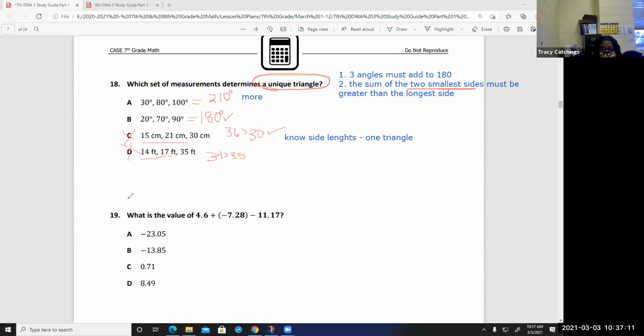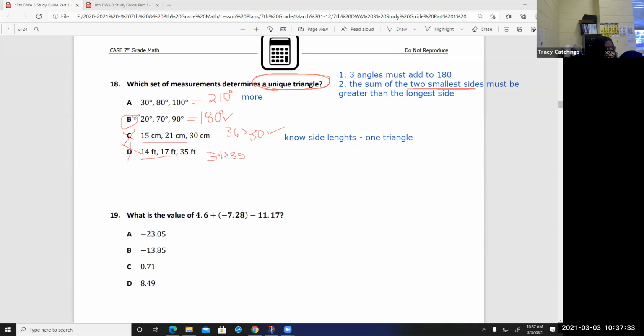So is that just one generic triangle? Good job. It's unique. And it's unique because we don't know the side lengths. So that means we can make however many triangles we want just from those angle measurements.